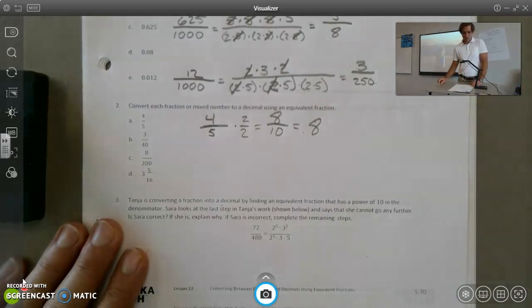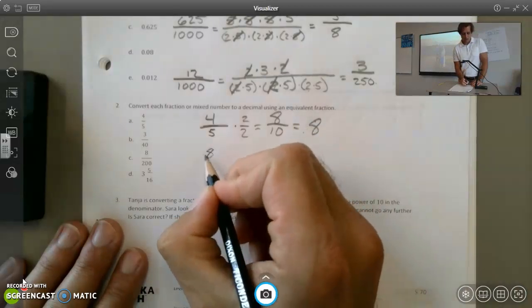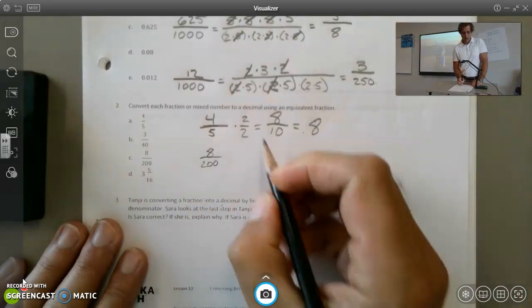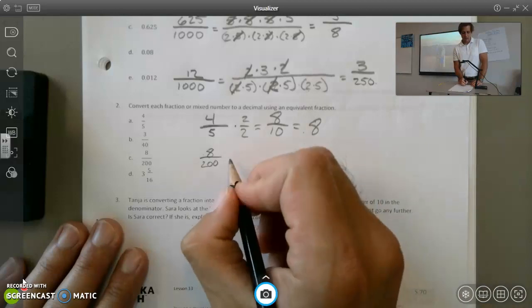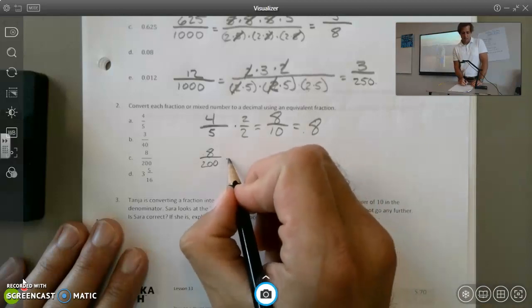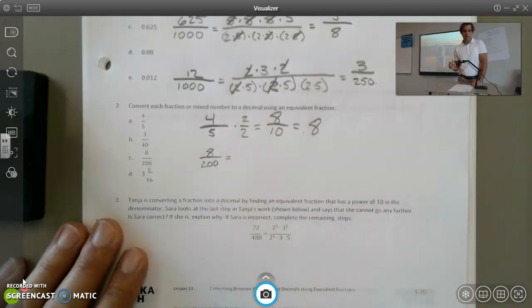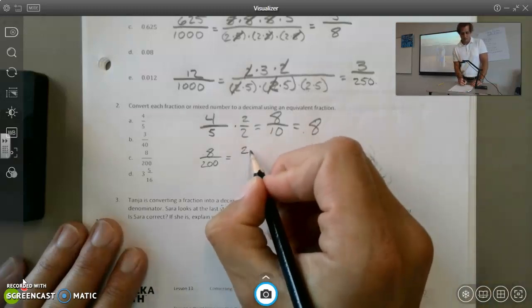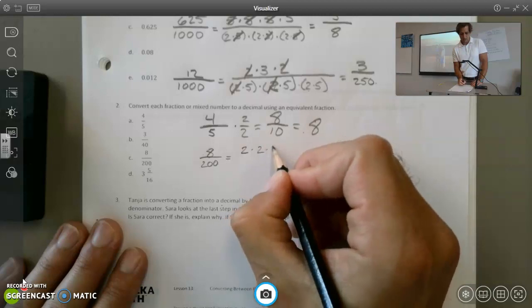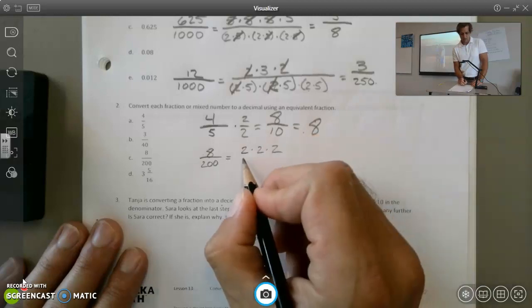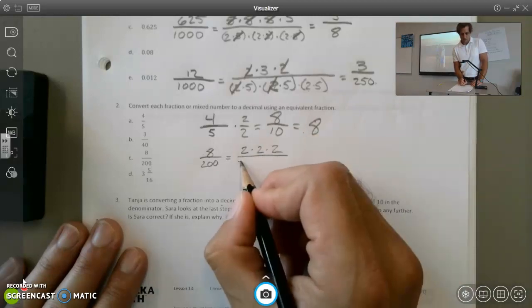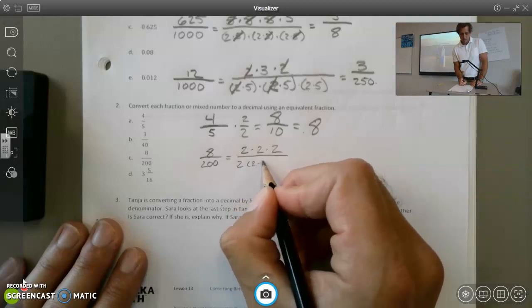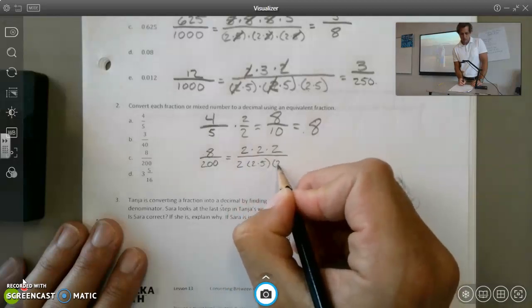Now, what about 8/200ths? How do I make that into a power of 10? Well, I don't think I need to multiply on this one. I think I need to simplify on this one. Let's look. 2 times 2 times 2 over 2 times 2 times 5, 2 times 5.